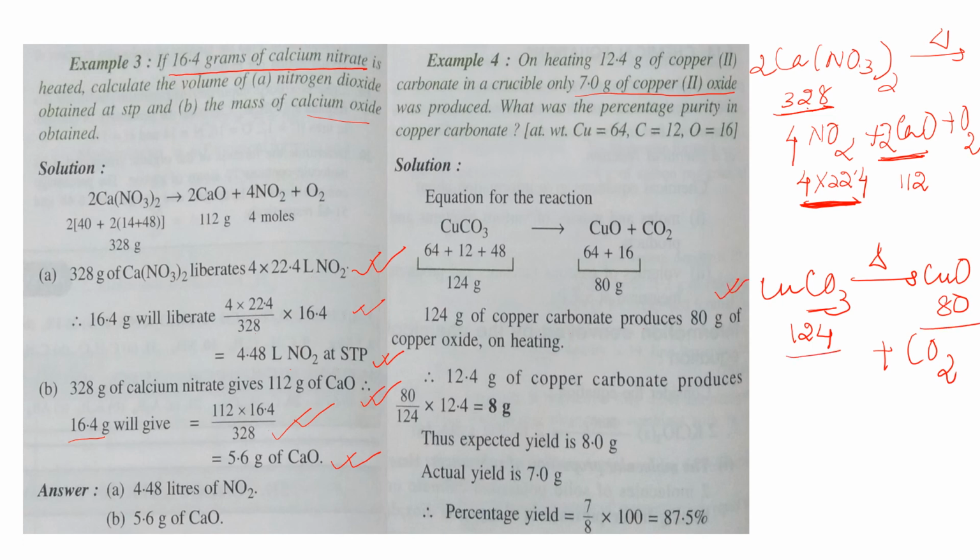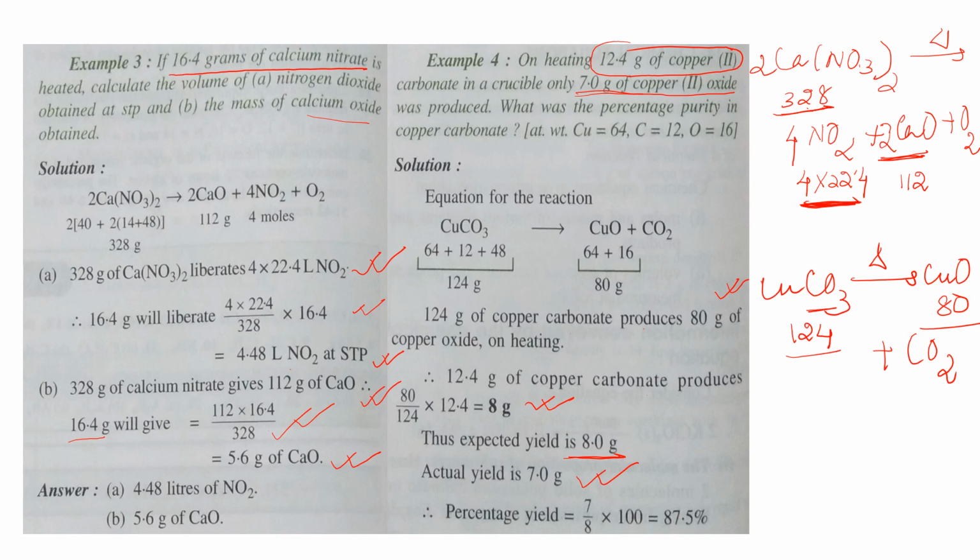Therefore, I have 12.4 gram of copper 2 carbonate producing 8 gram of copper oxide. Thus the expected yield is 8 gram, but actually I am getting 7 gram of copper 2 oxide.